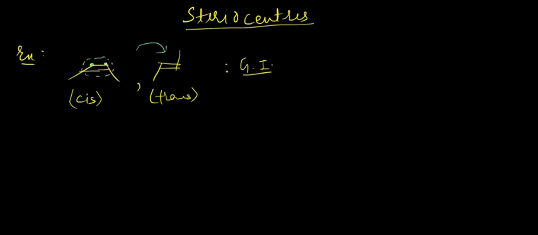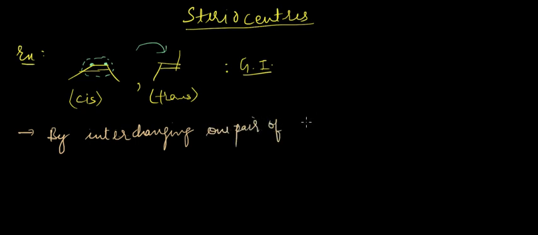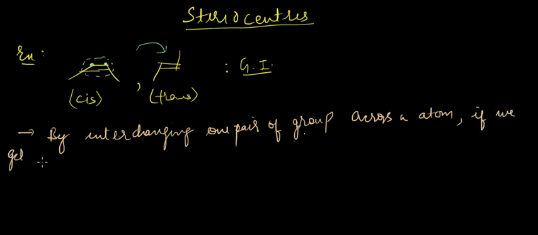Okay, so let me write it down more formally. By interchanging one pair of groups across an atom, if we get another stereoisomer, then it is known as stereocenter.